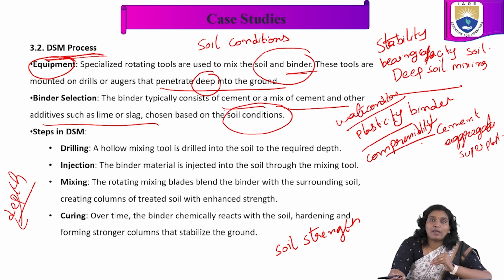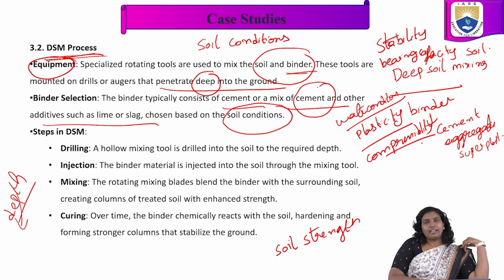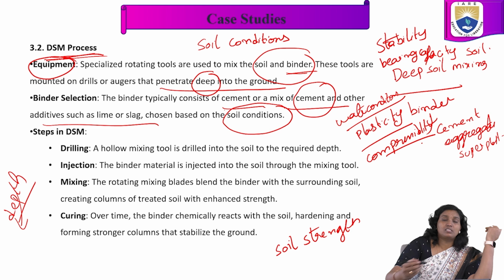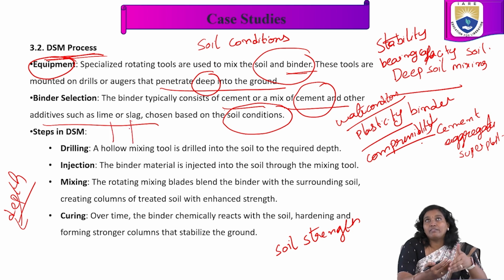These are the things we consider for choosing the binder, whether it is a mix of cement and other additives such as lime, slag. In which characteristic point of view it is going to give enhancements to the soil.